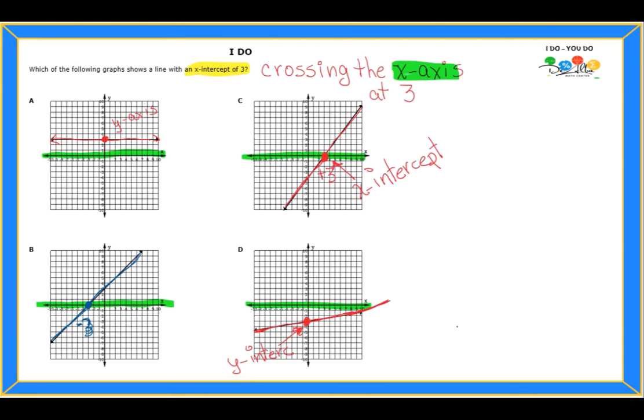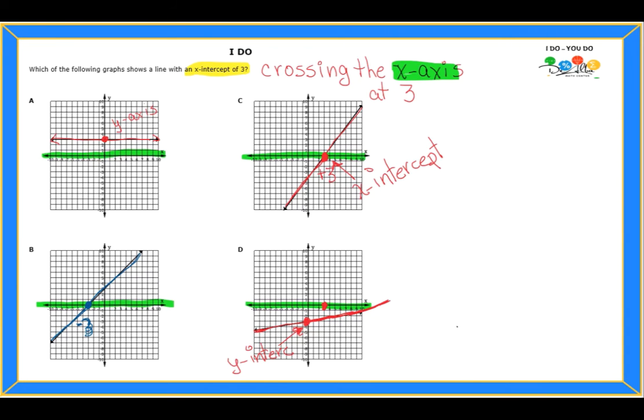I'm going to come back to answer choice D and find 3 on x. It's right here. Do you think it's possible for that line to cross at 3? Not a chance, because it already passed that section and kept on going and going.